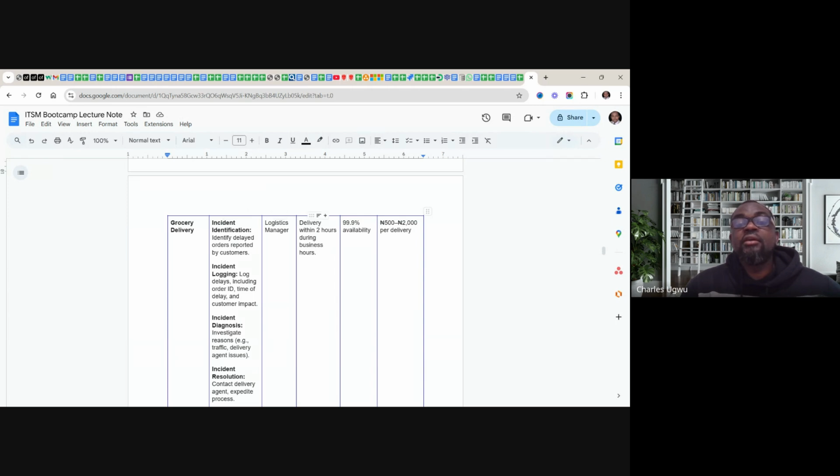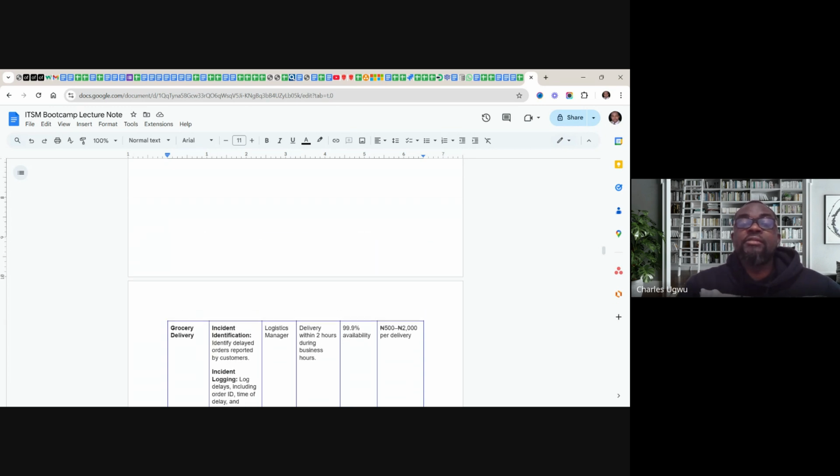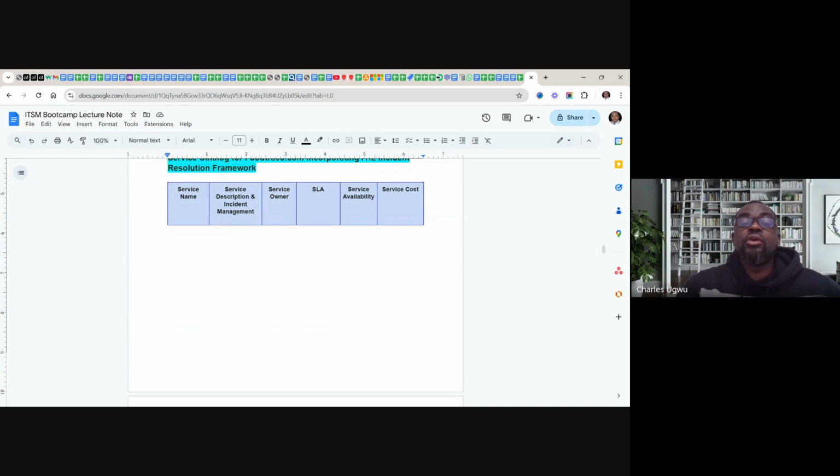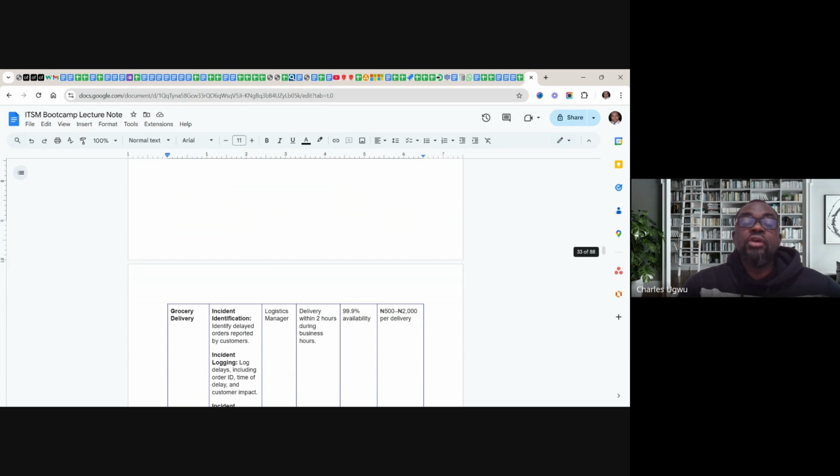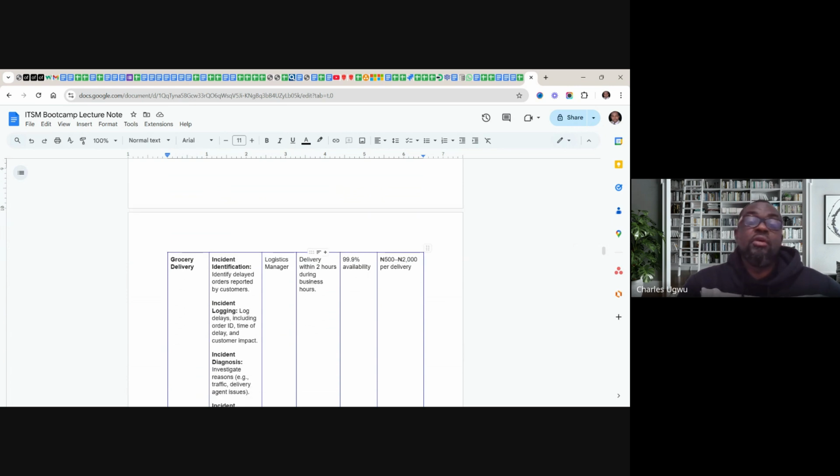And then we are going to talk about the service level agreement, that is, how long it's going to take to deliver this service. We cannot do it immediately. This document can take even one month to create.